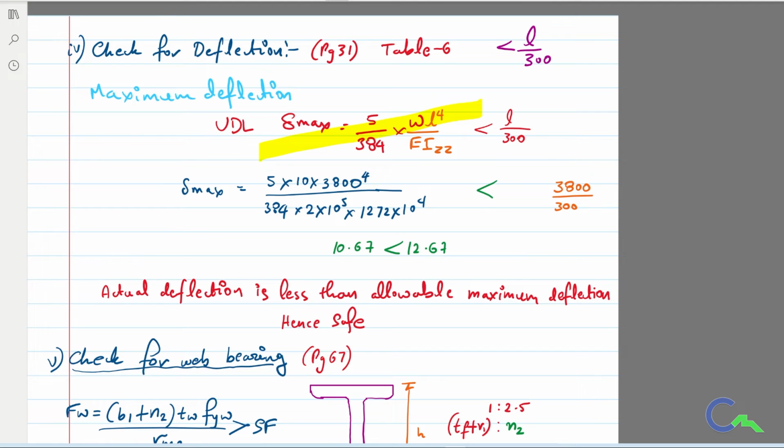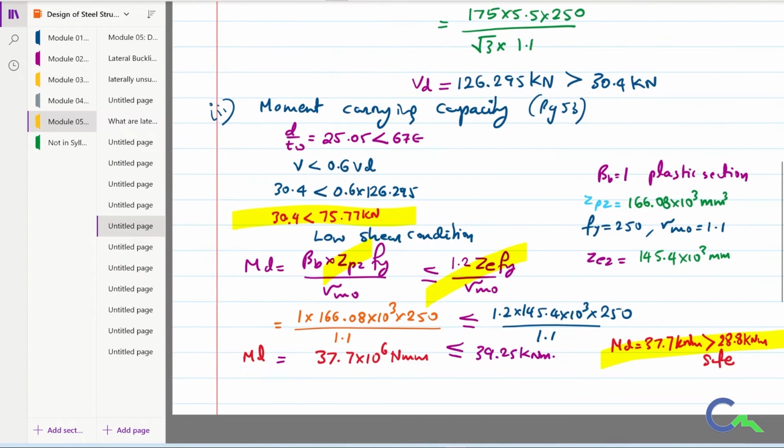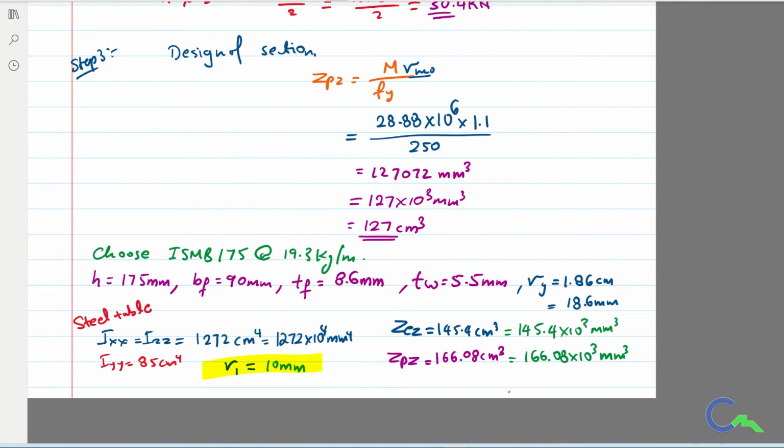Then IZZ: we noted the value of I from the steel table in the beginning of this particular problem, and that we are going to substitute here.